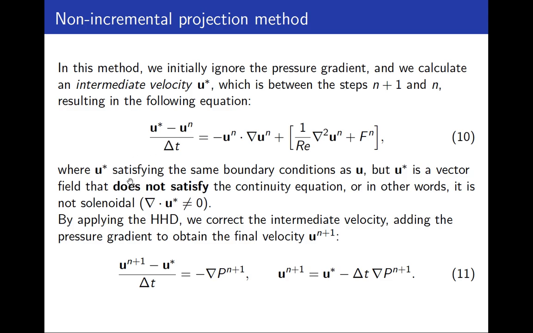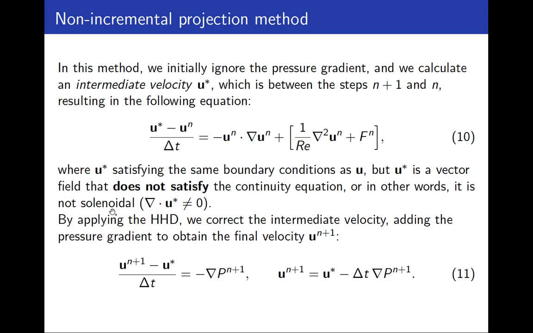Something important is that U star needs to satisfy the same boundary conditions as U, the original velocity, but U star is a vector field that will not satisfy the continuity equation. In other words, this velocity field U star is not solenoidal, so the divergence of U star is going to be different from 0. Remember this idea, it is going to be important later.